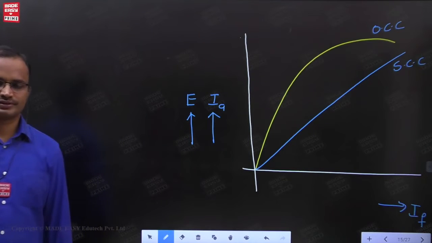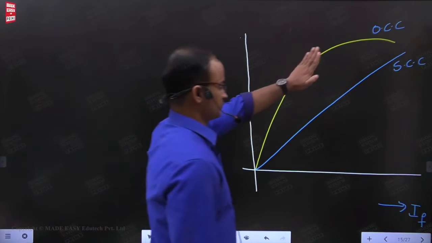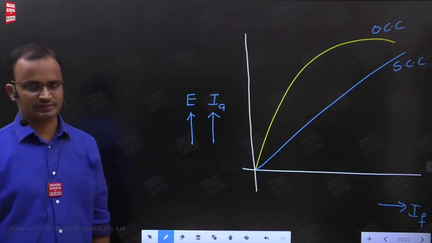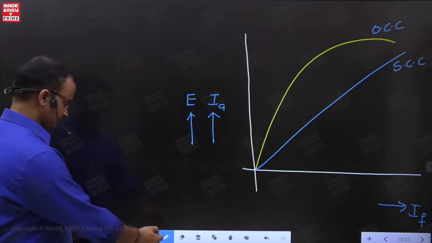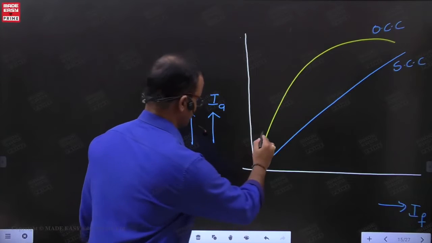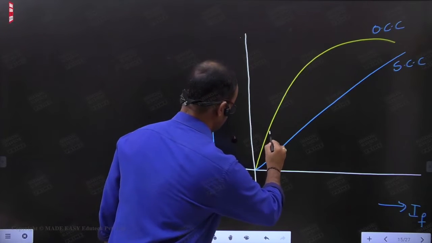Now, just now we discussed it. From the OC test we got the OCC, and from the SC test we got the ACC. In this example, you can take any one field current.